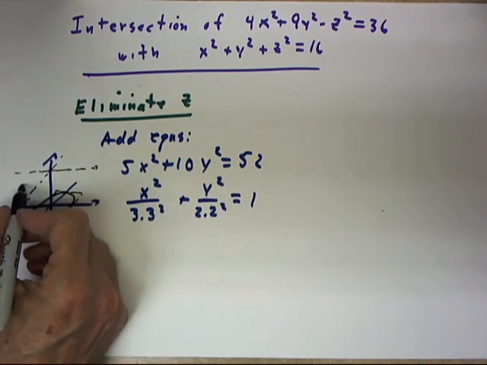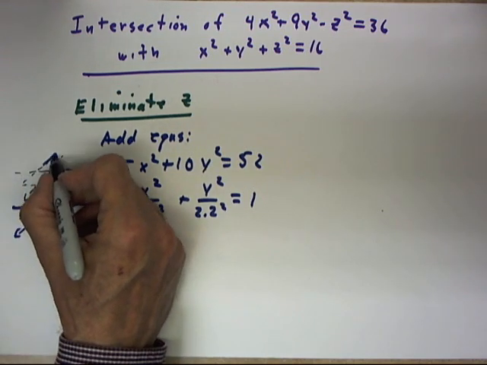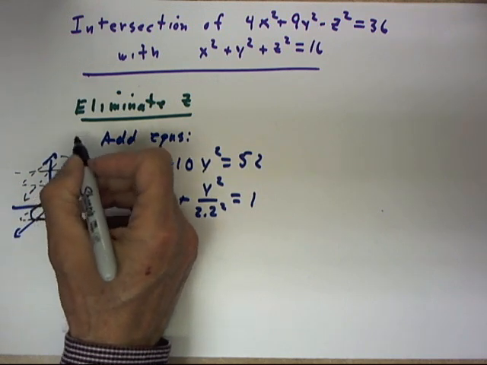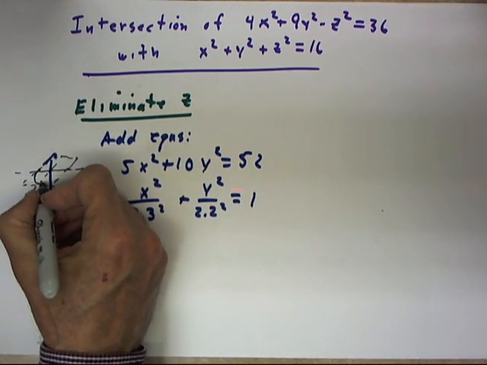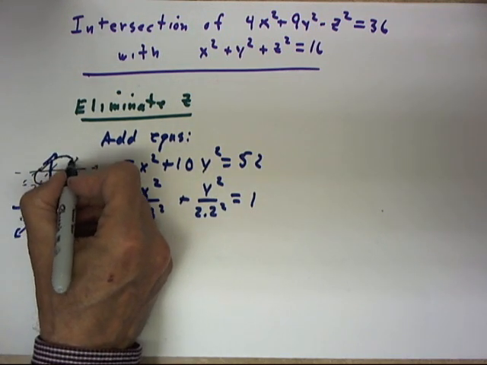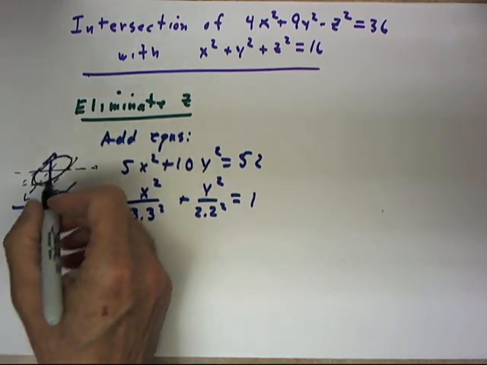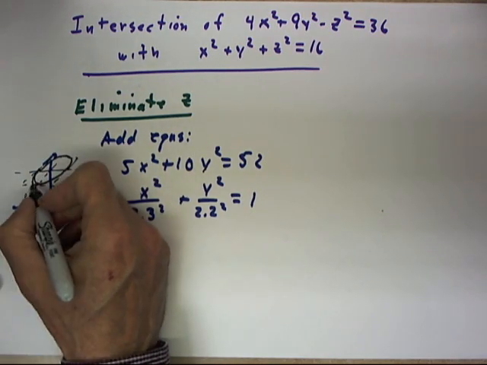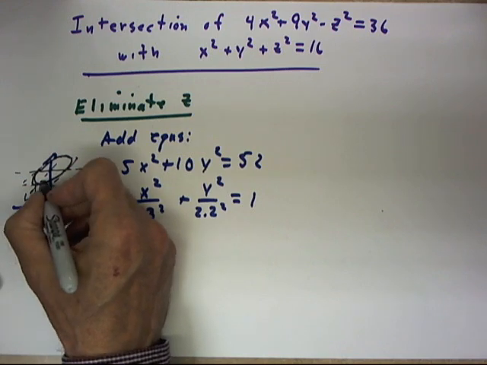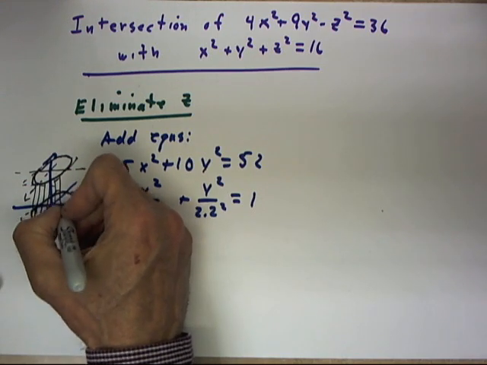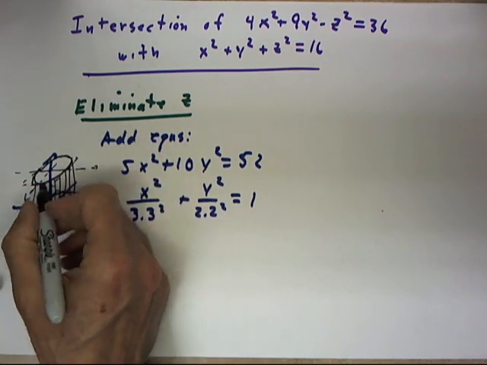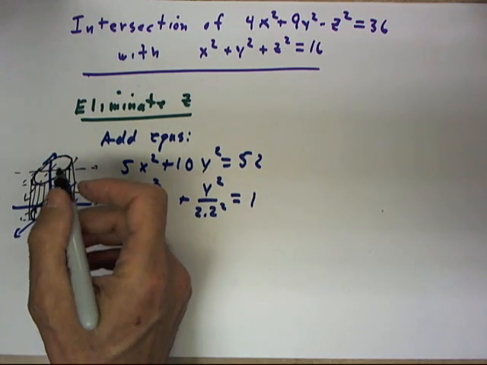We get exactly the same dimensions, exactly the same ellipse, only higher or lower, meaning that what we effectively get is an elliptical cylinder.